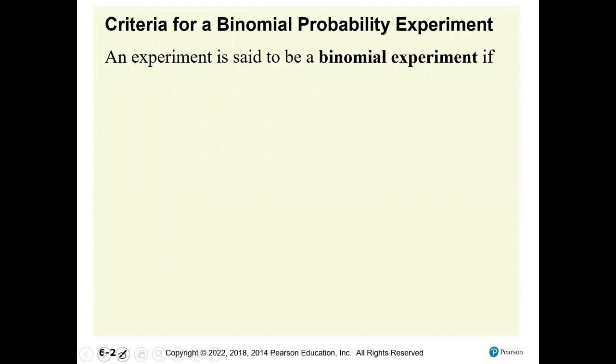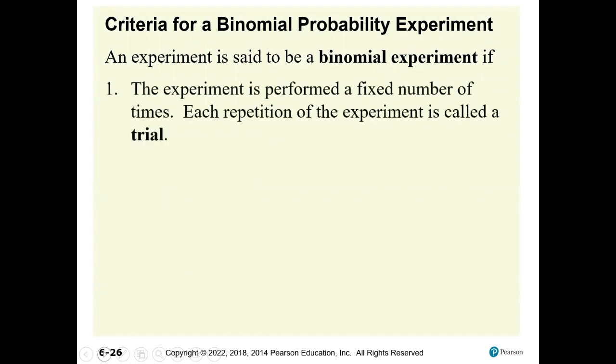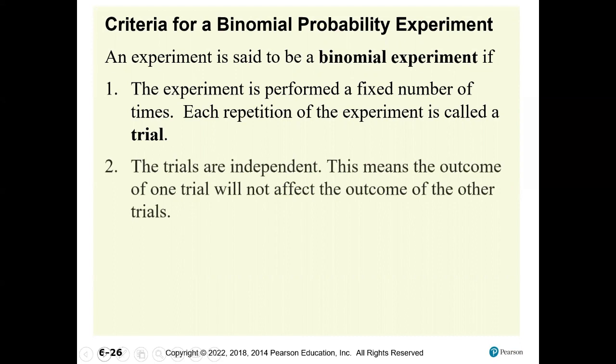An experiment will be binomial if, number one, the experiment is performed a fixed number of times, and each repetition of the experiment is called a trial. So from the beginning, you'll say, I am going to repeat this experiment 10 times, and each time I do it is a trial. Each trial is independent.